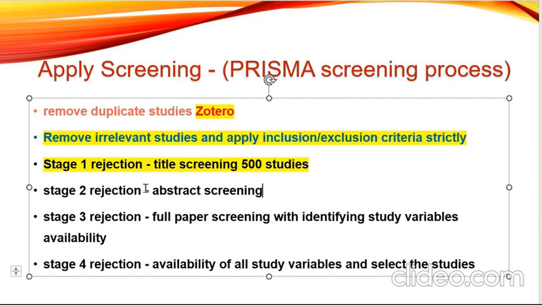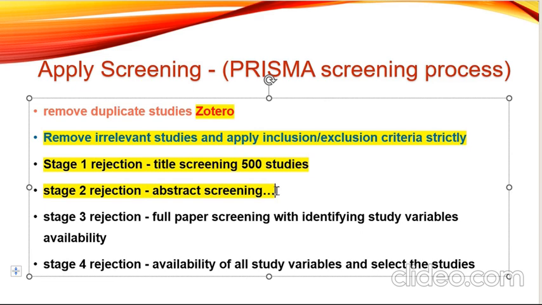Then stage 2 rejection is abstract screening. In abstract screening, there should be explicit mentioning of the objectives or research question, the methodology they have adopted, and the findings they have arrived at.